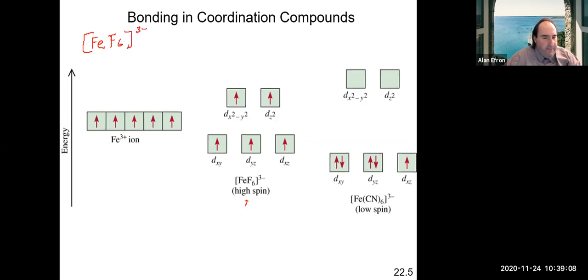So the first thing you probably want to figure out is what is the oxidation state of the metal here in our complex ion. We know that F is -1, and there's 6 of them, which means it's -6. That means the important part here is the charge on the iron is going to be +3.